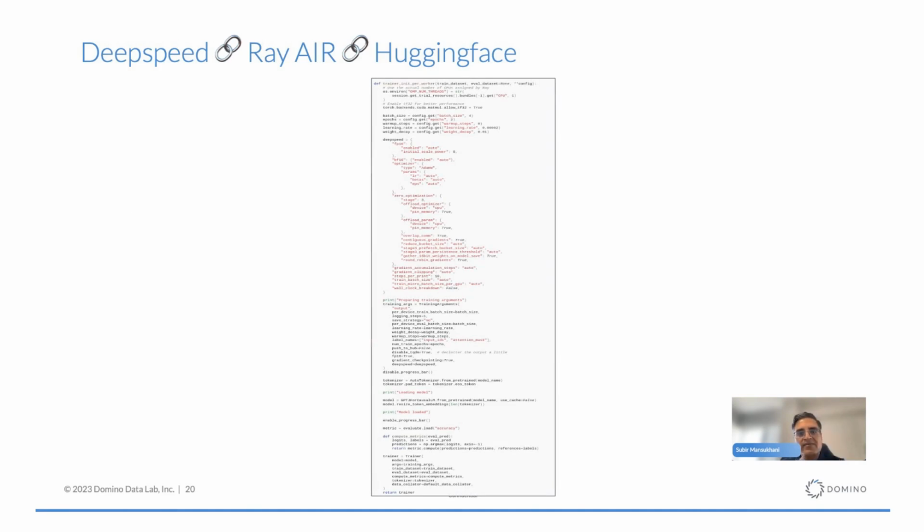This is again how the entire code looks. It's probably not too visible on screen, but we'll walk through this code. As you can see, it all fits in a few lines of code in one particular function, and you're good to go. This includes the DeepSpeed parameters, the Ray AIR trainer, and the Hugging Face training code.